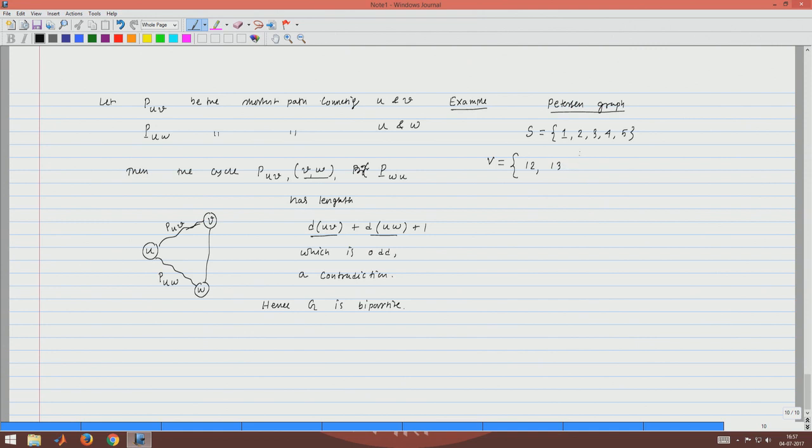I am considering all 2-subsets of the set S: 14, 15, 23, 24, 25, 34, 35, 45. So these are the possible vertices of the graph.